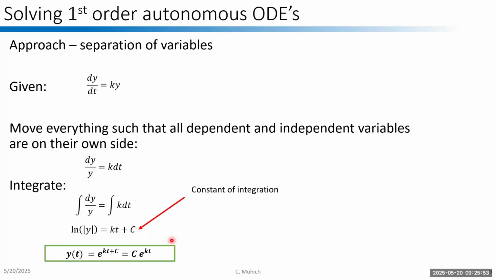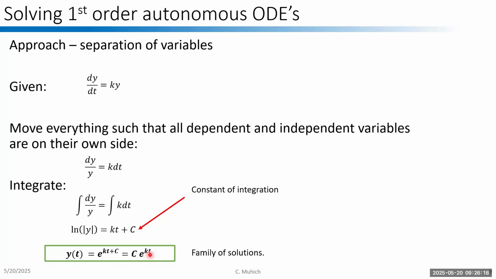This gives me a final functional form of y as a function of t equal to e to the kt plus c, because to get rid of the natural log, I take the exponential of it. Then, because of the rules of exponentiation, this is equal to some constant times e to the kt.